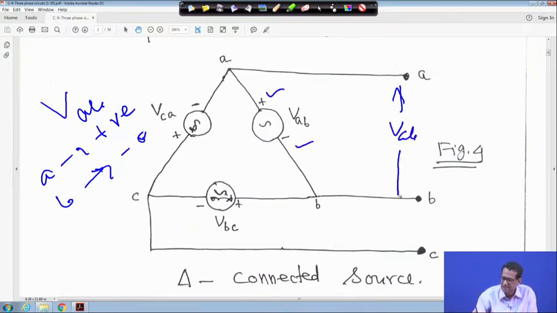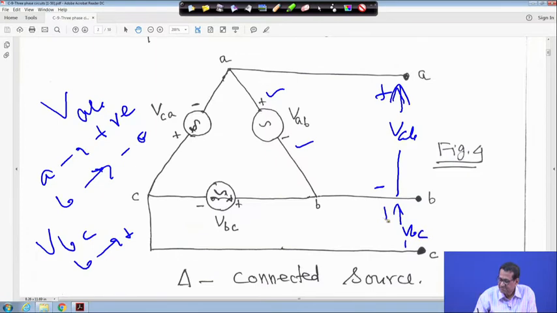You can write VAB: an arrow means positive, and no arrow means negative. Similarly VBC, right? There should not be any confusion. When you say VBC, that terminal should be positive, so here I write VBC, plus and minus. It is instantaneous polarity. Here it is VAB, here it is VBC, right? There should not be any confusion.